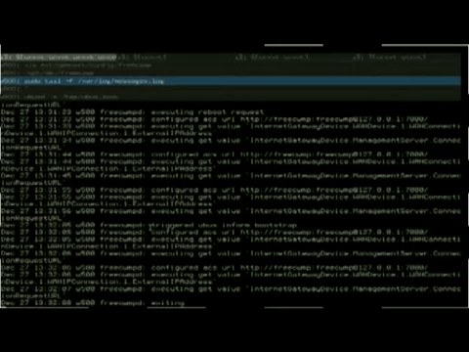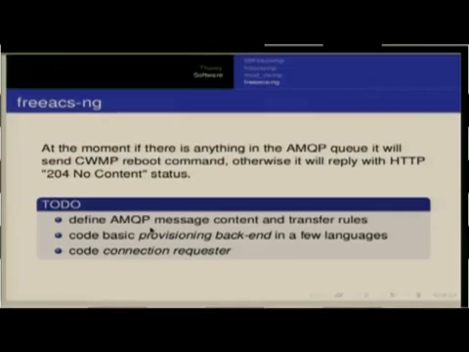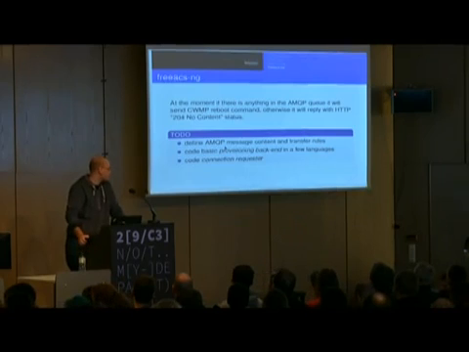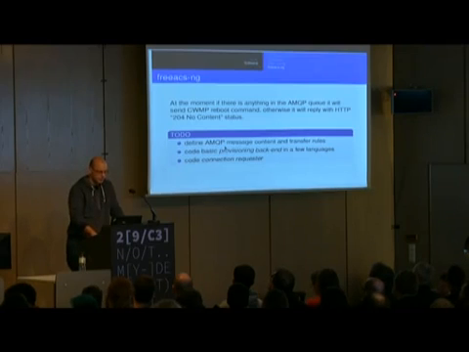So yeah, that's it. If you want to get into it, the best way would be to either configure it with production ACS or use free ACS if you don't have an alternative.